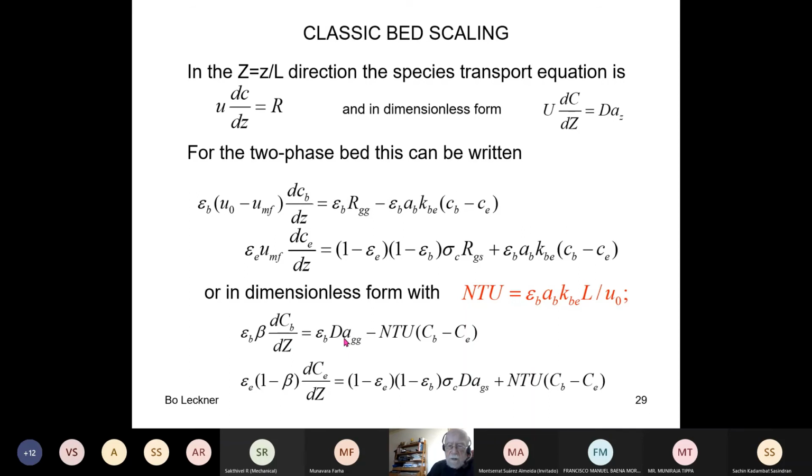You get, of course, the Damköhler numbers, but you get a new number here, which is a number of transfer units, which accounts for the gas transfer between the bubbles and the emulsion phase. So it is something that happens along the reactor, and this is typical for heat exchangers and for chemical reactors. You have this number of transfer units.